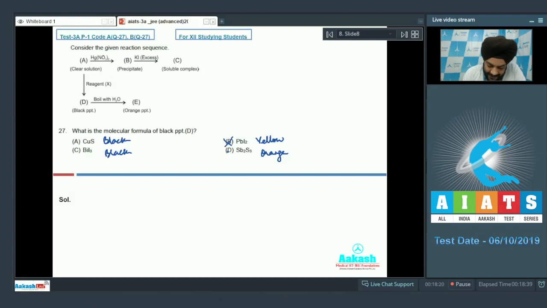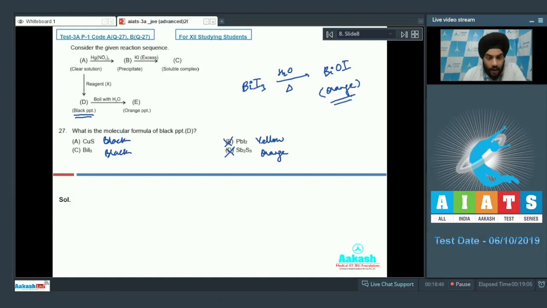So option B and option D are directly eliminated. And if you look at CuS and BiI3, it is further given to us that the black PPT, which is boiled with H2O, gives us orange PPT. So students, this has to be bismuth. So BiI3, when it is boiled in presence of H2O, gives us BiOI, which is orange in color.